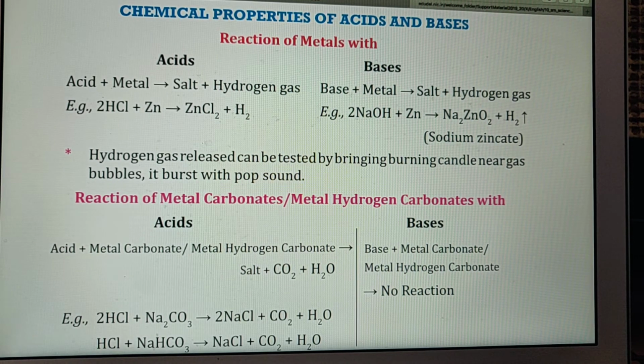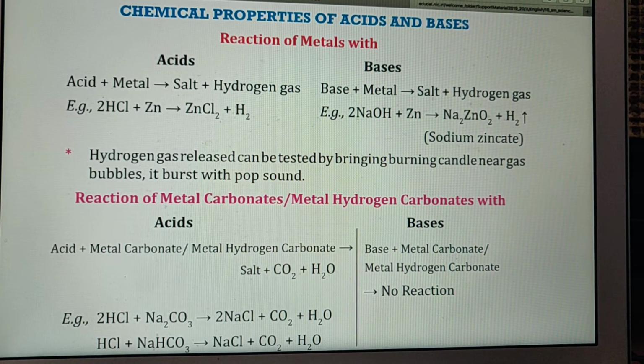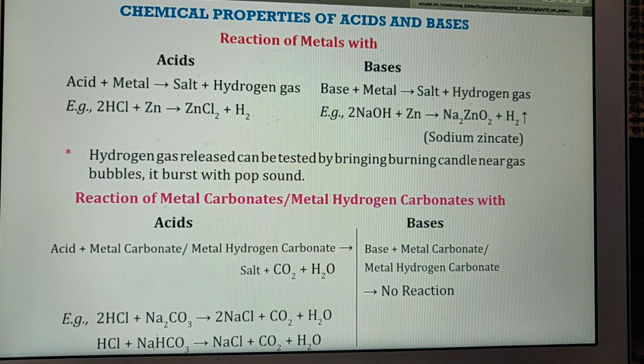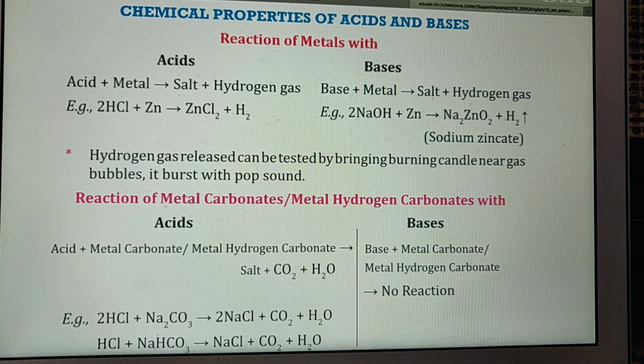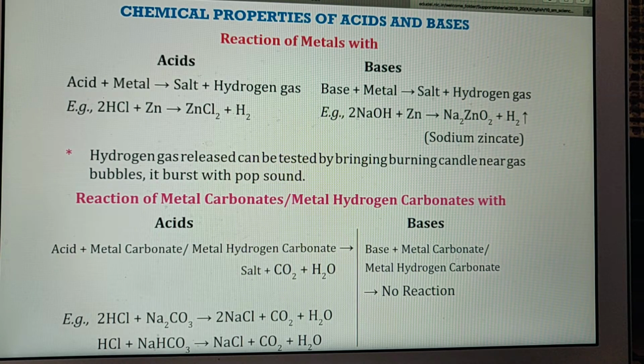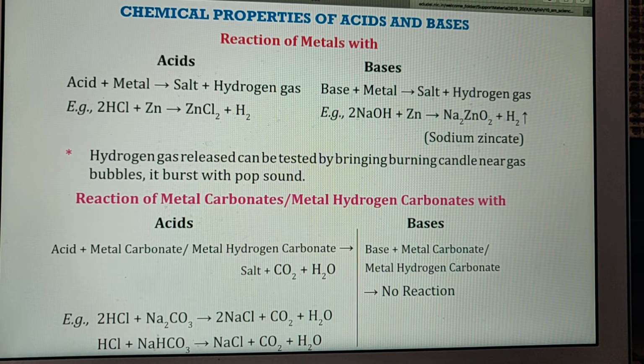With base, sodium hydroxide and zinc give sodium zincate plus hydrogen gas. Hydrogen gas released can be tested by bringing a burning candle near gas bubbles. It burns with a pop sound. Do not try this because it is dangerous.